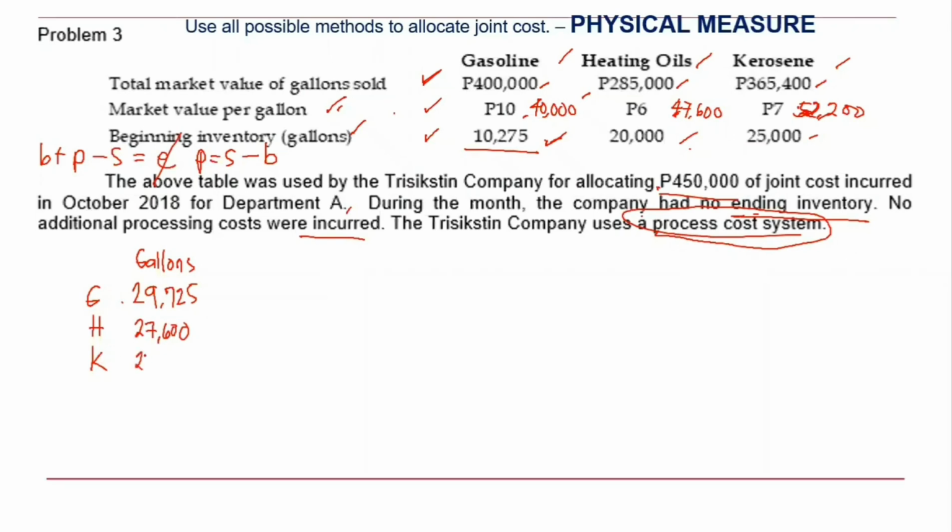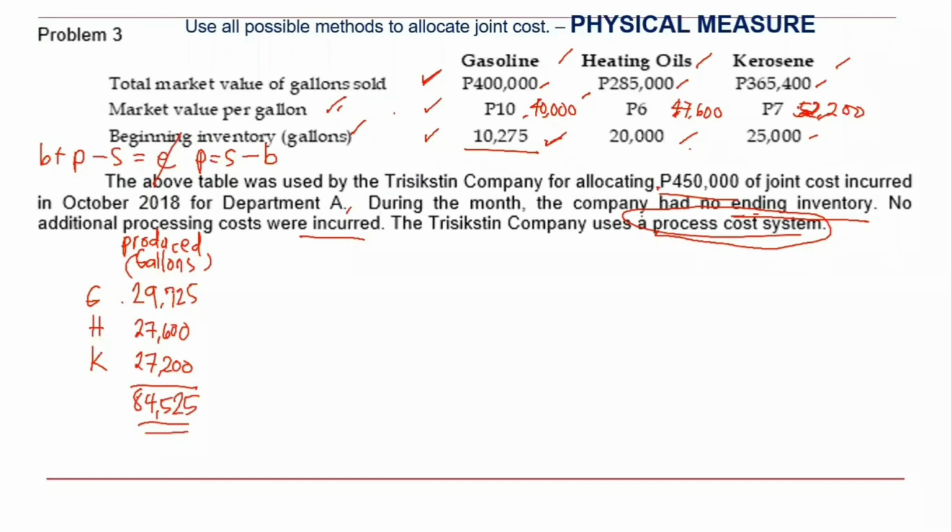It's 27,200. So ang total gallons na pinag-uusapan lang natin na produced, lagay natin dito, produced in gallons to, ha? Ayan. It's 84,525. Ayan, gallons. Pakimute po yung mga ano natin, ha? Nakakagulat po ang konti. Salamat po.